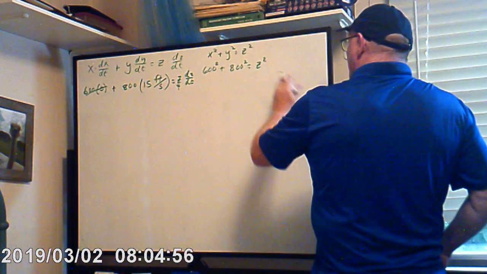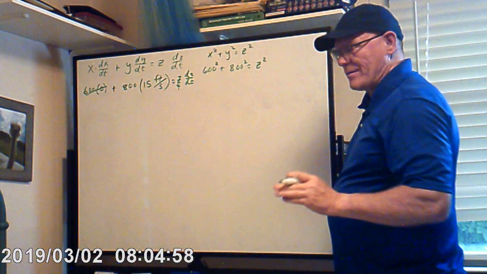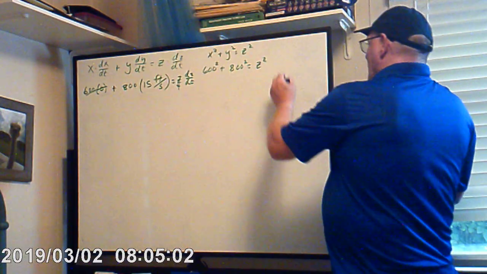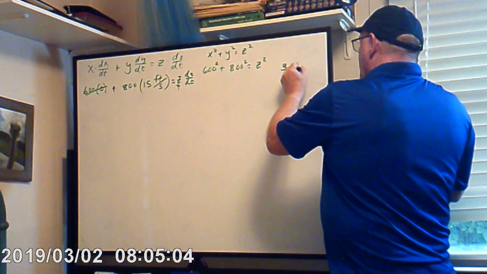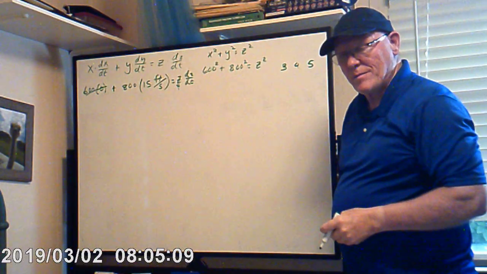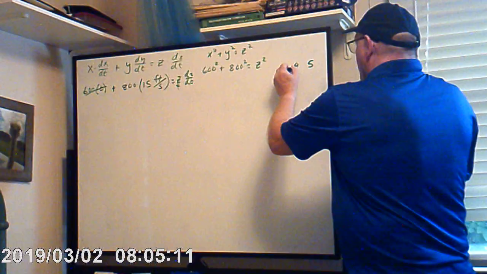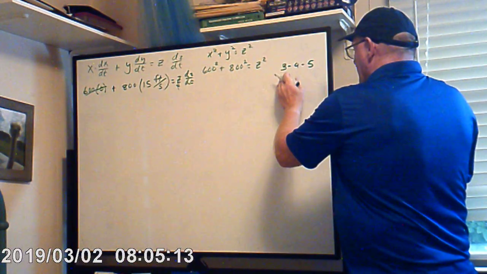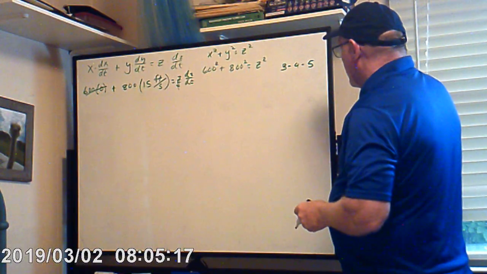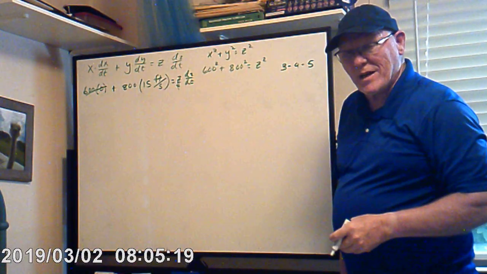Well, let's find out. Now look, there's some way of figuring this out pretty fast. There is a 3, 4, 5 triangle. Right? Be aware of that. Your 2 legs, 3 and 4, your hypotenuse is 5. 3 squared plus 4 squared equals 5 squared.